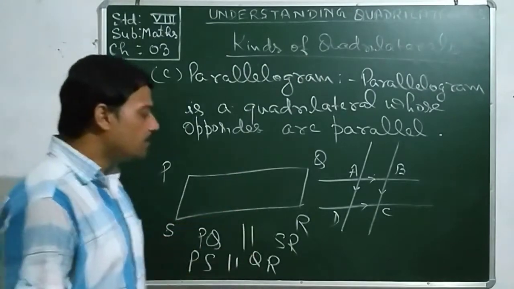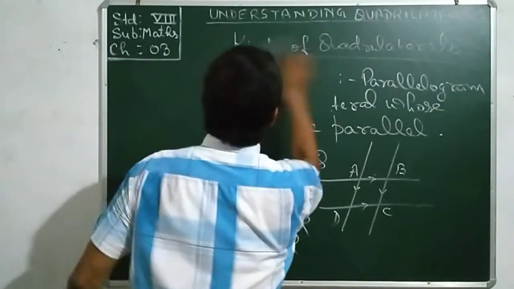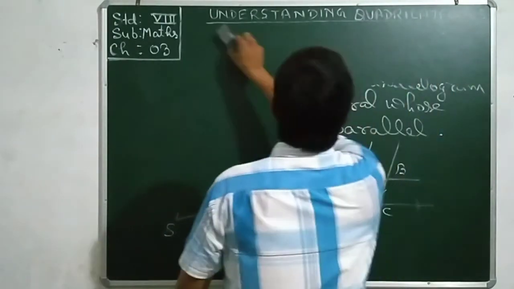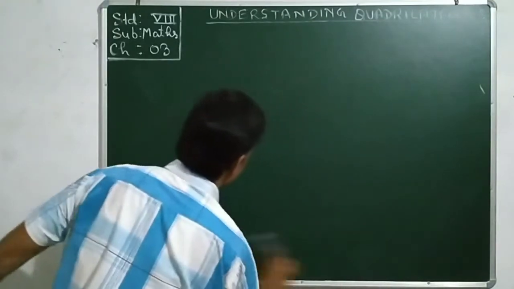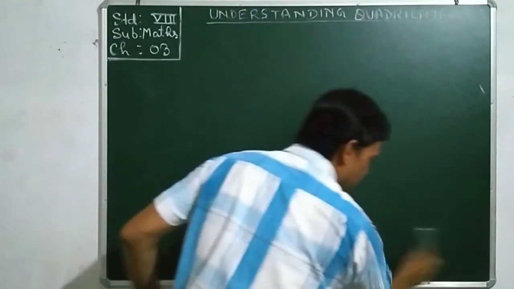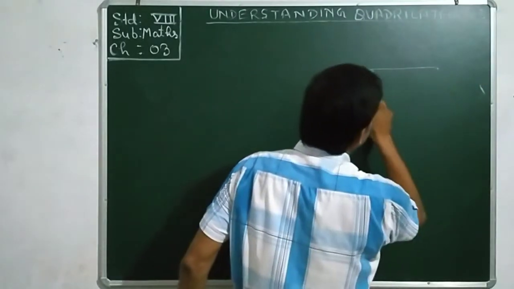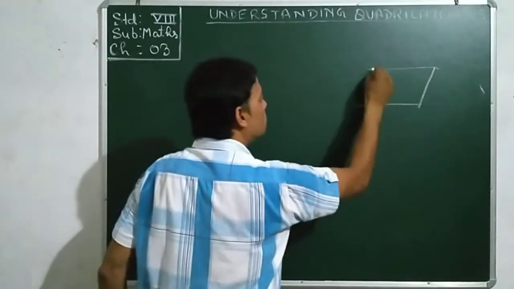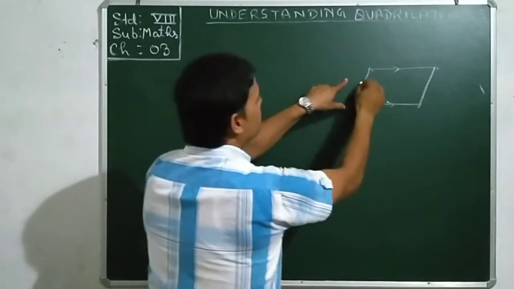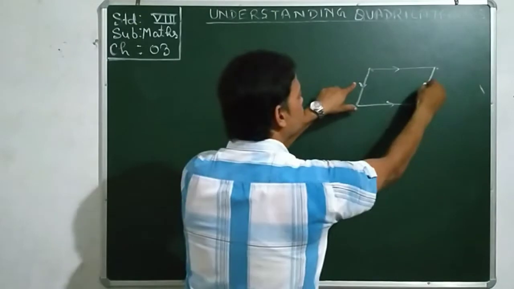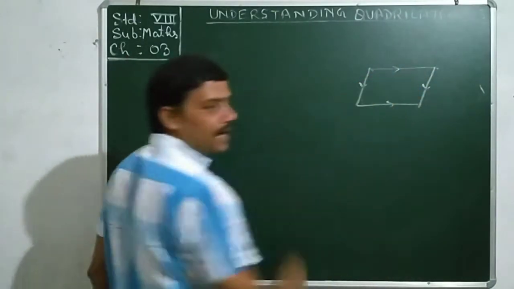Now come to the elements of a parallelogram. It is clearly visible that there are two pairs of parallel sides and two pairs of angles.